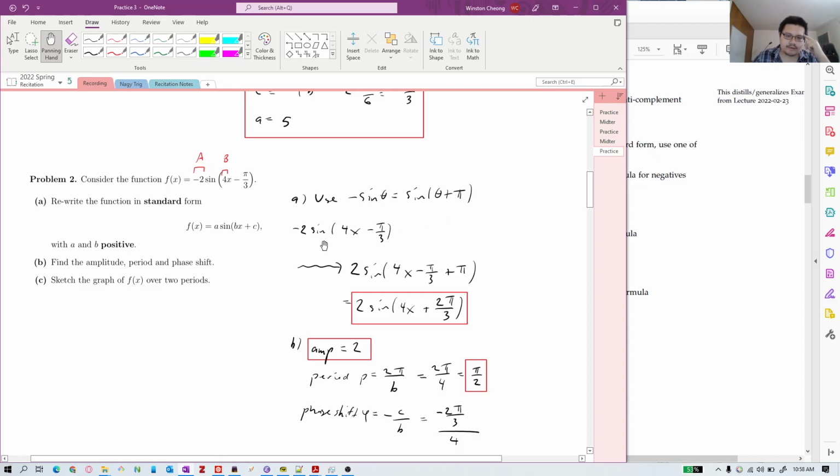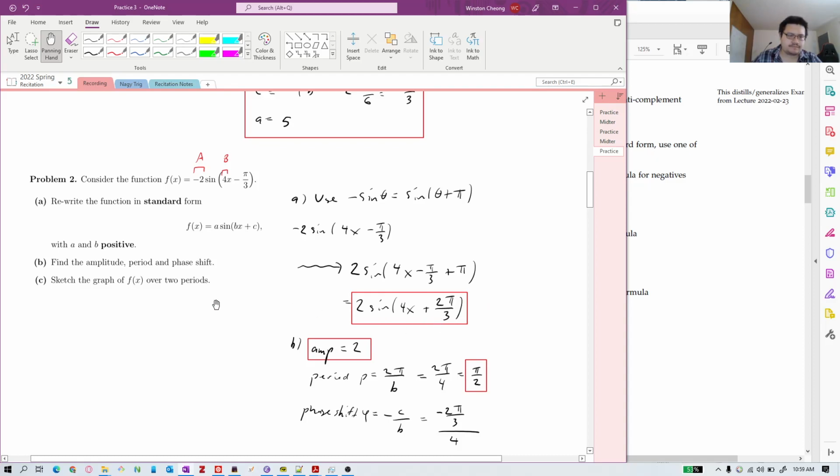So the idea is I can absorb negatives in front of sine by adding a plus pi in the angle portion of the function, which is what happens here with this squiggly arrow. So the -2 becomes 2, the angle becomes the same angle but plus a pi. Then we simplify this a little bit: pi minus pi over 3 becomes 2 pi over 3, and that is the answer for part A.